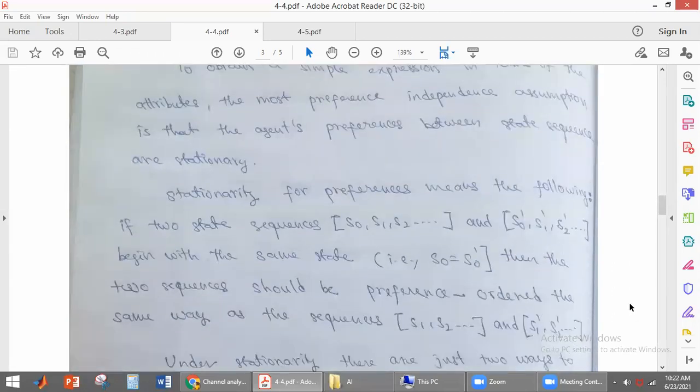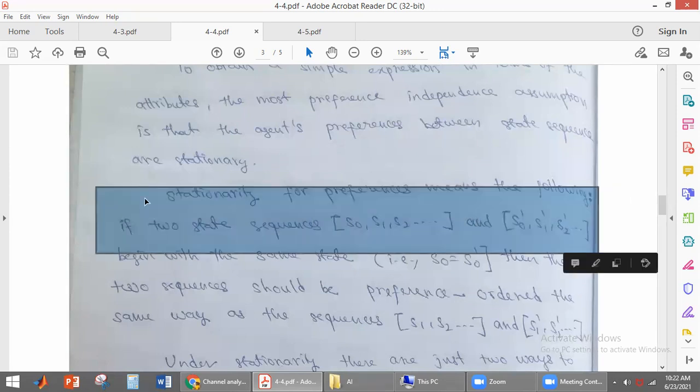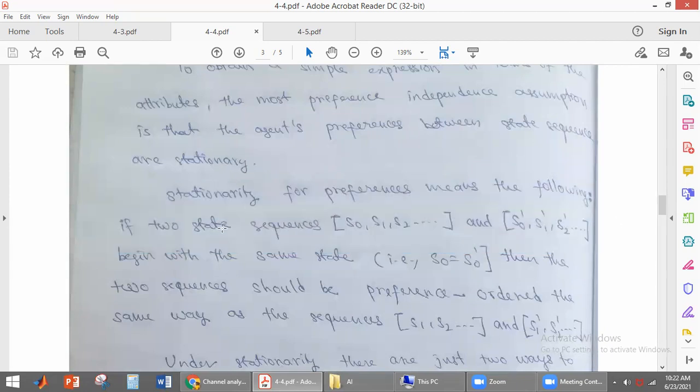So it assumes an infinite horizon. What does stationary mean? For example, suppose you have two state sequences, students: S0, S1, S2, and so on, and S0 dash, S1 dash, S2 dash. We assume that both state sequences start at the same state, that is S0 is equal to S0 dash.